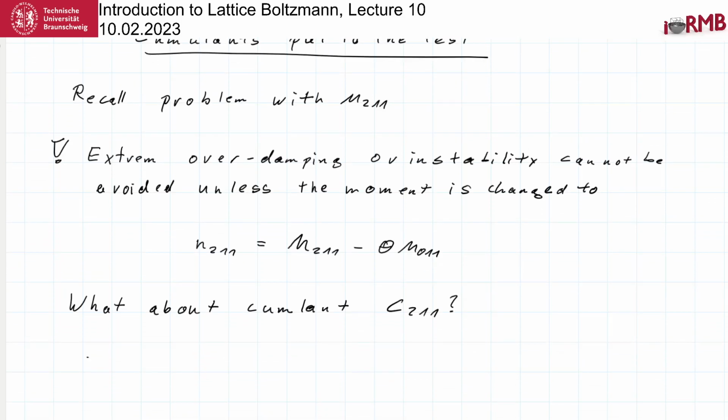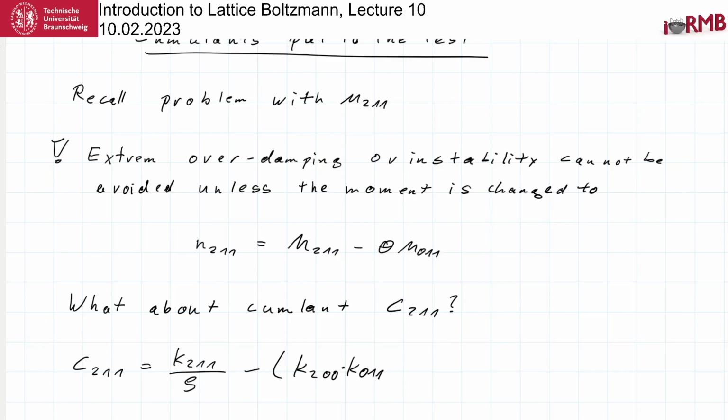And for this, we of course have to see what is C211. This is actually K211 divided by rho minus K200 times K011. And now there is one thing, even though we are so close to the end, I still have to point out.